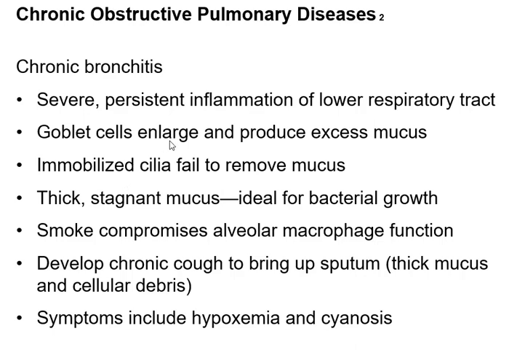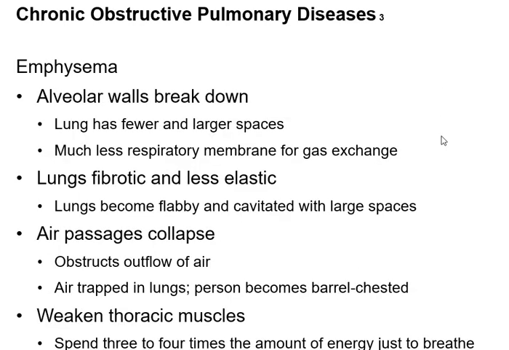So you don't even have them anymore. So you've got your goblet cells putting out way too much mucus. Your cilia can't move it, and so your lungs fill up with mucus, and you have to cough and cough and cough and keep bringing up this thick mucus and cellular debris. So you can usually tell somebody who has bronchitis by that smoking cough, and they are blue.